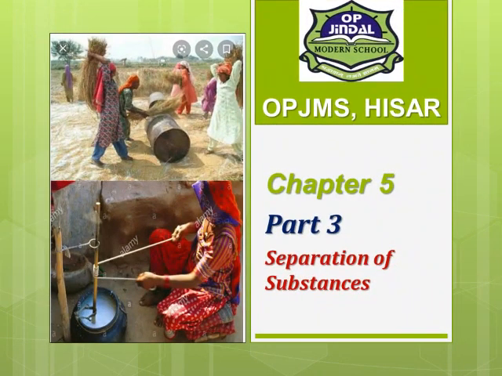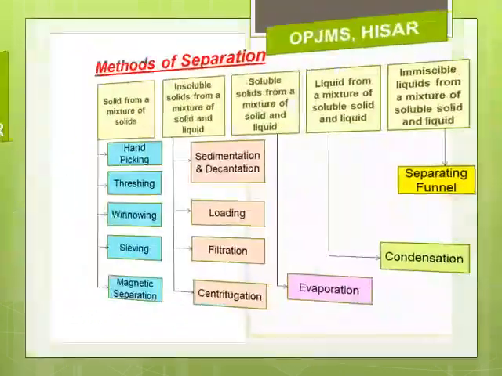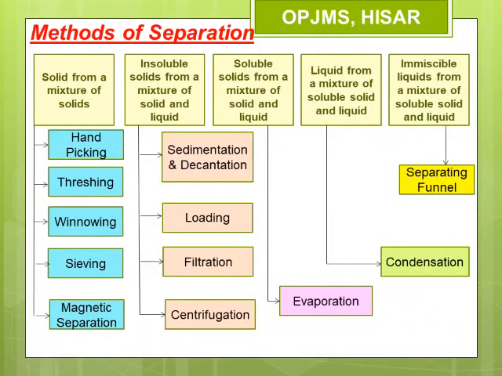Good morning, everyone. Welcome to the final and concluding lecture of Chapter 5, Separation of Substances. In the previous lectures, we have studied how we can separate solids from a mixture of solid and solid, and from a mixture of solid and liquid.